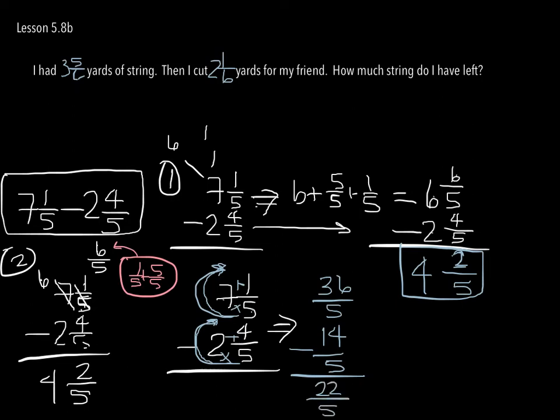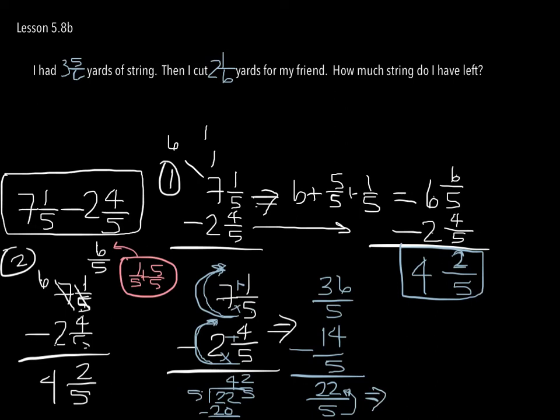And then I have to ask, how many 5s can I take out of 22? Or, what is 22 divided by 5? Which is 4, 20, and then I have a remainder of 2, which I put over my denominator. I can't leave it as an improper fraction.